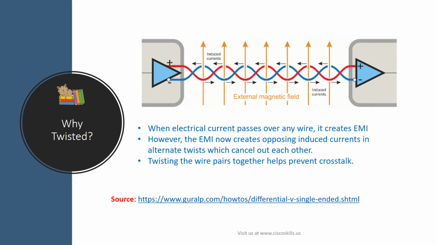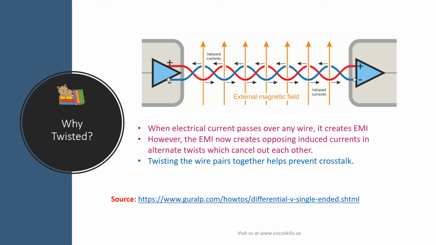Let's take a look at this picture where it shows the two wires, red and blue, are now twisted together. When electrical current passes over any wire, it creates EMI. However, the EMI now creates opposing induced currents in alternating twists, which cancel out each other.